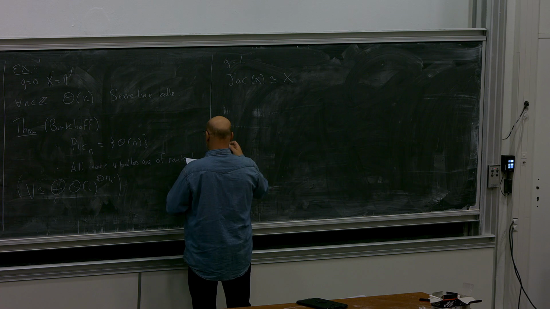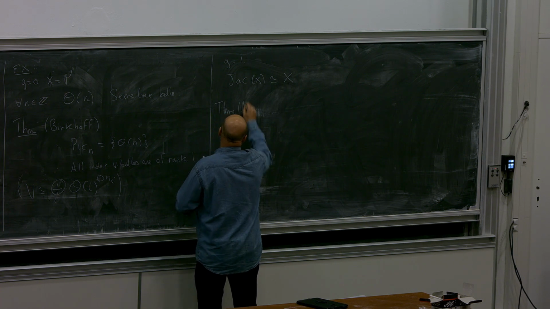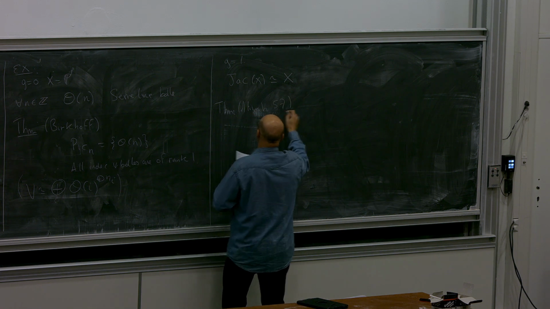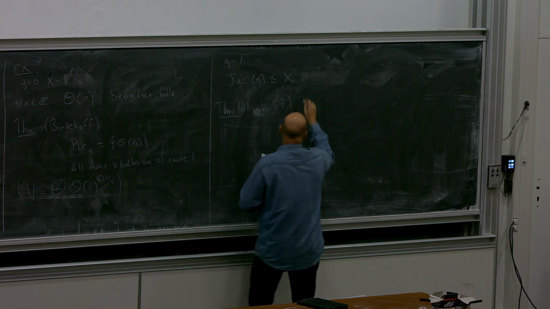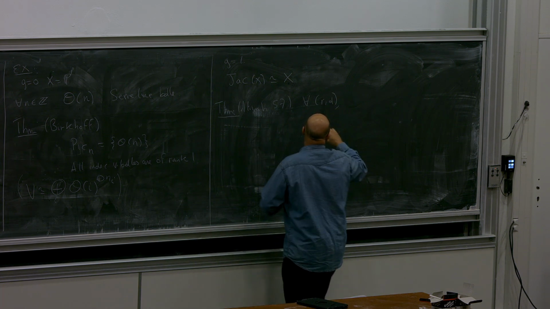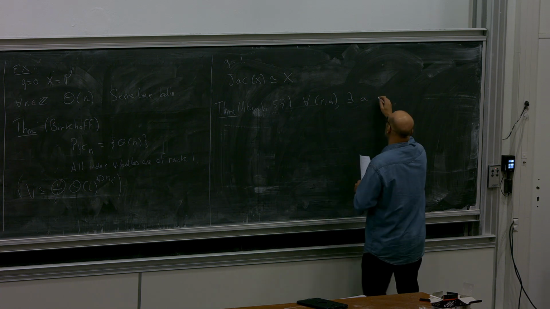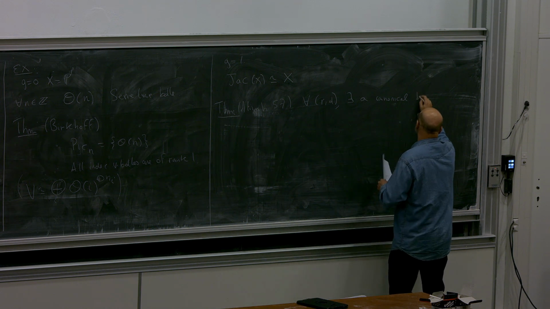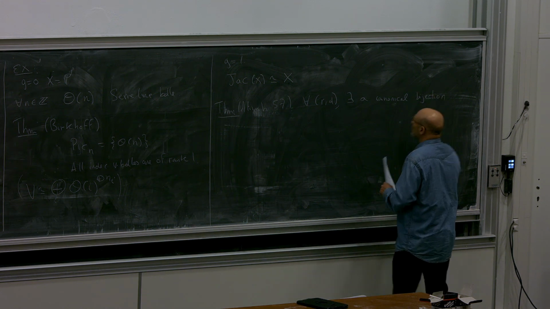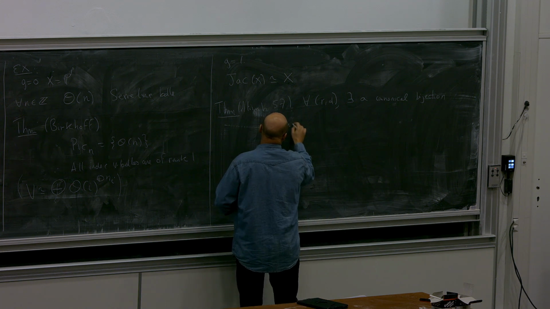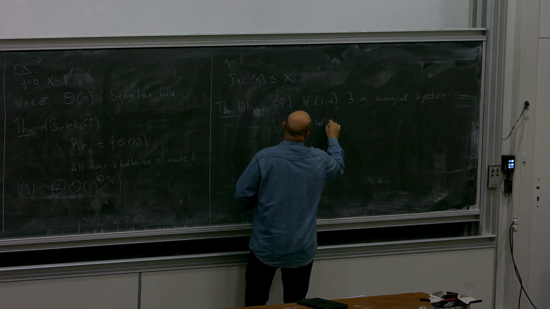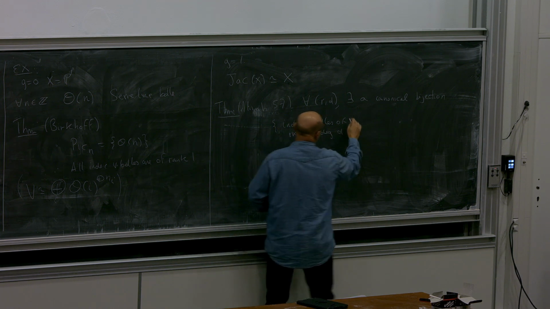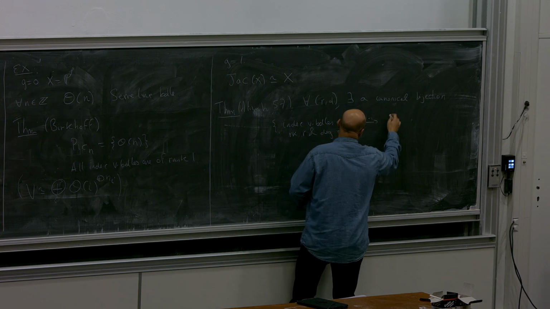But here's the really amazing theorem, due to Atiyah, I think in '57. It says the following: for any pair R and D, there exists an almost canonical, let me just say canonical, although it's almost canonical, bijection between the set of indecomposable vector bundles of rank R and degree D, and X itself again.